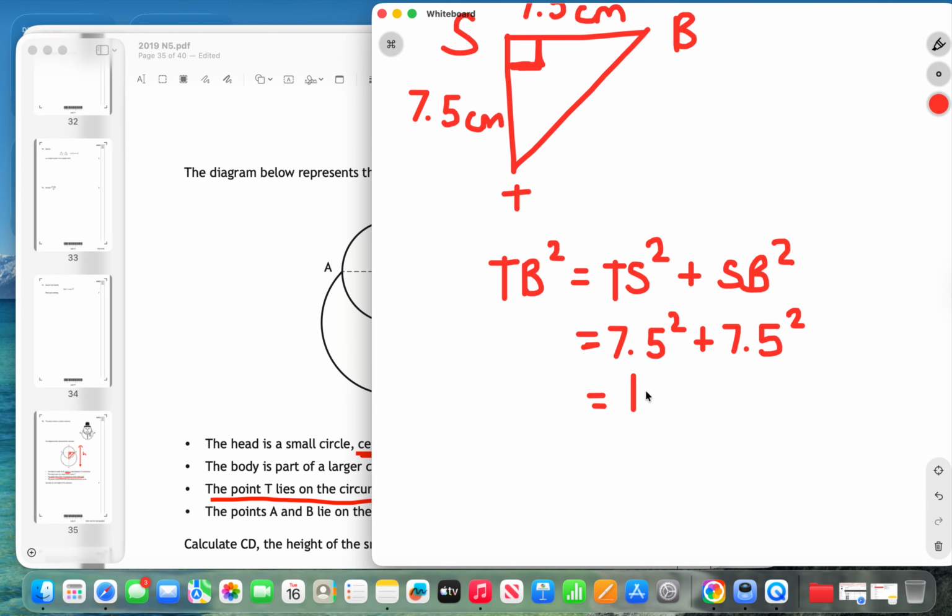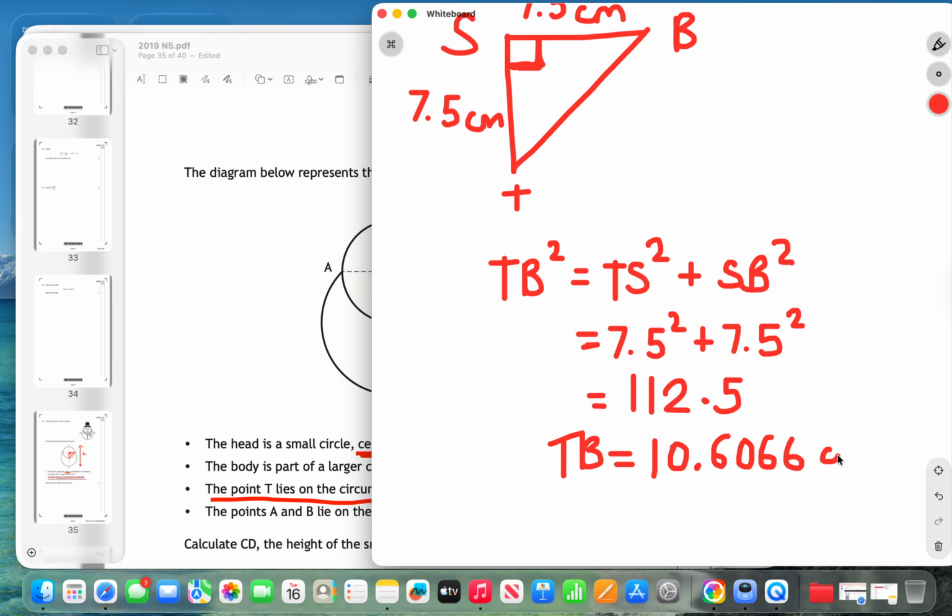We are going to plug this into the calculator: 7.5 squared plus 7.5 squared is 112.5, and TB is the square root. If we square root this, we're going to keep a good few decimal places.